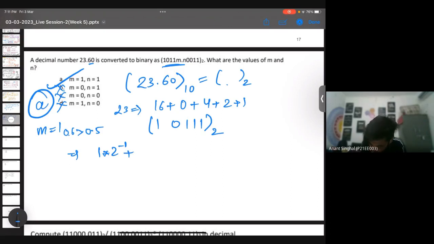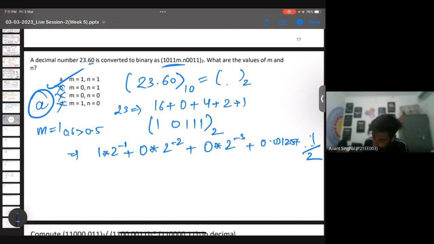So this is 1 into 2 to the power minus 1, and then 0 into 2 to the power minus 2, because 0.125 is greater than this 0.6. And then again, if we want to write maybe another 0 as 2 to the power minus 3, and so on.